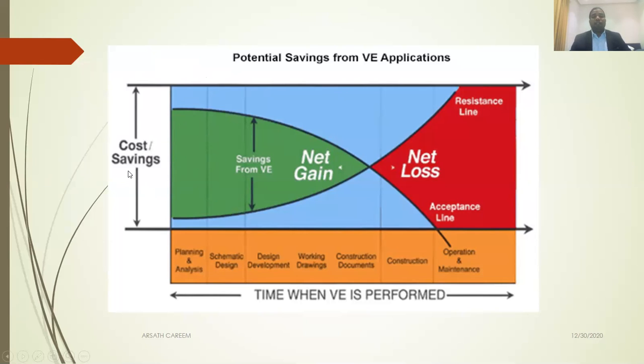How you can do value engineering, I will give one example below. In the later stage, during construction, the saving chances are very small. However, the recently introduced FIDIC is suggesting value engineering in the construction stage, even though the best time to conduct value engineering for the best outcome is the early stage.